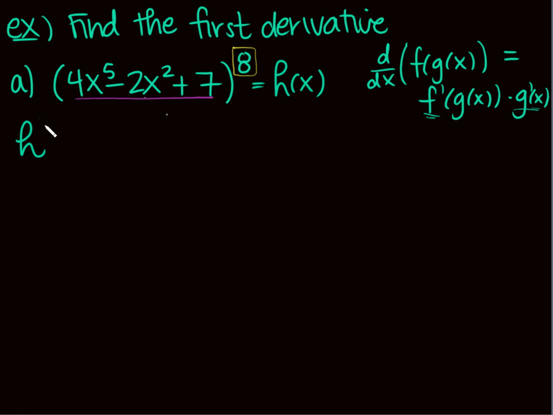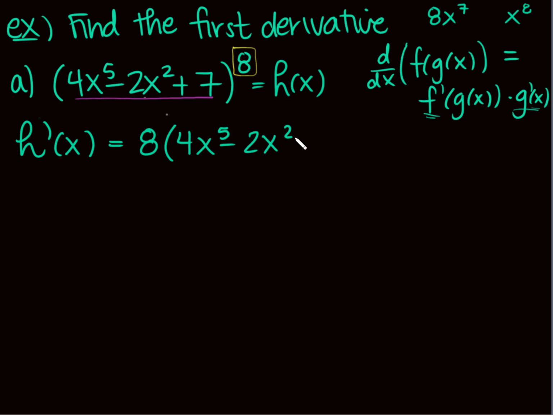So the derivative of h, again, take the derivative of the outside function. If I had x to the 8th, what would the derivative of that be? It'd be 8x to the 7th. But instead of having an x there, I want to put my inside function. So this would be 8 times 4x to the 5th minus 2x squared plus 7.